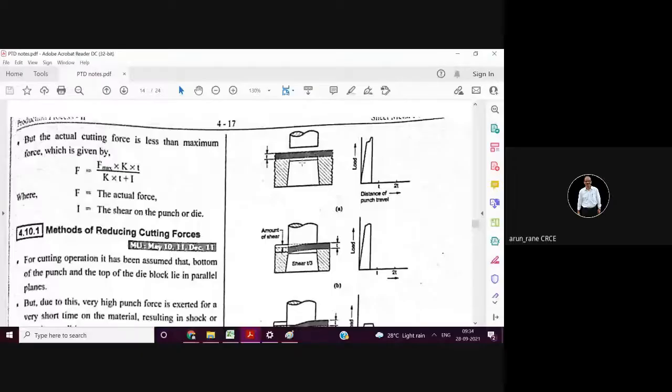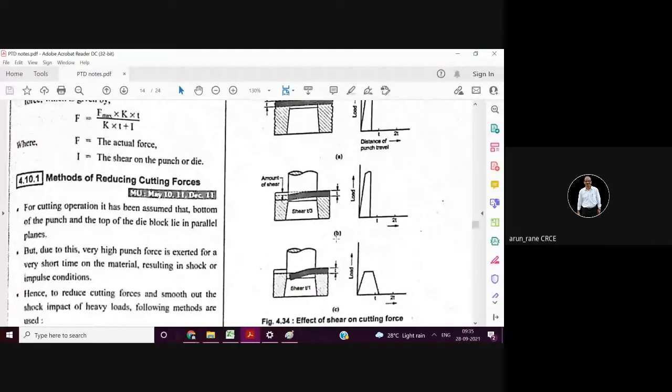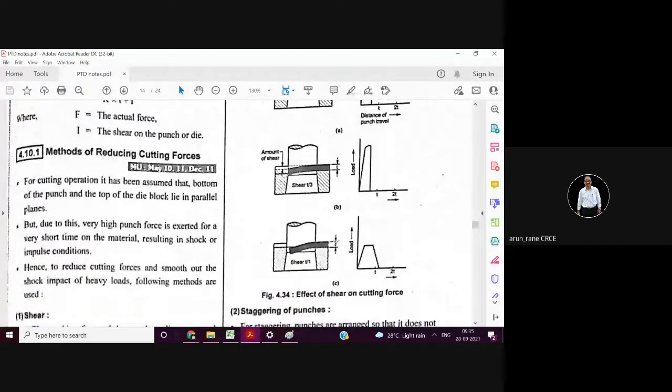So this is a diagram of the effect of shear on cutting force. Here, the shear on the punch. This is the shear on the die.